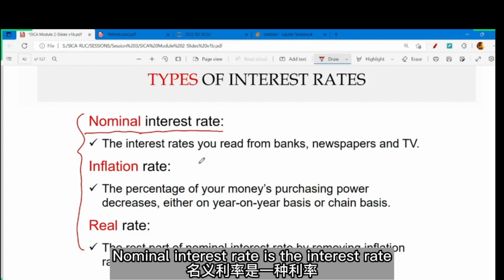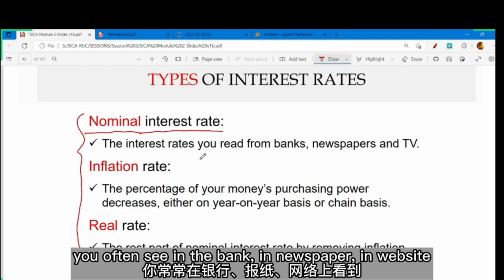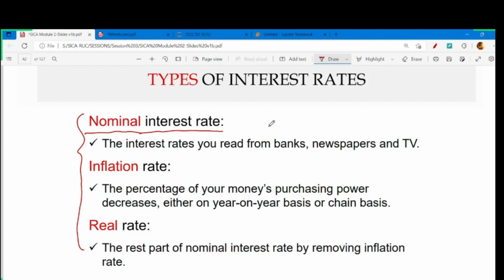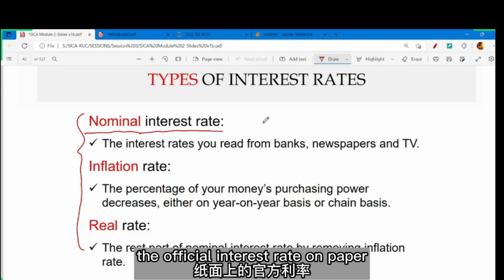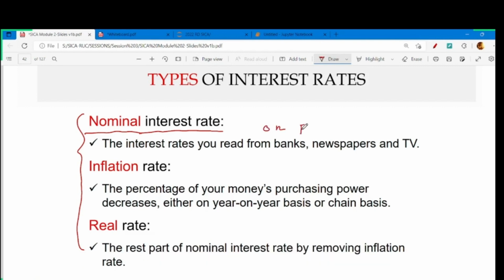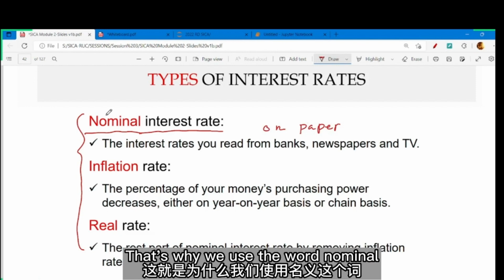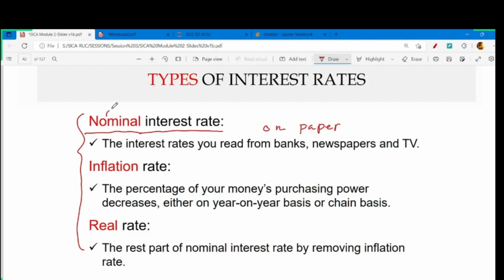And nominal interest rate is the interest rate you often see in the bank, in newspaper, in website. Or the nominal interest rate is the official interest rate on paper. That's why we use the word nominal.